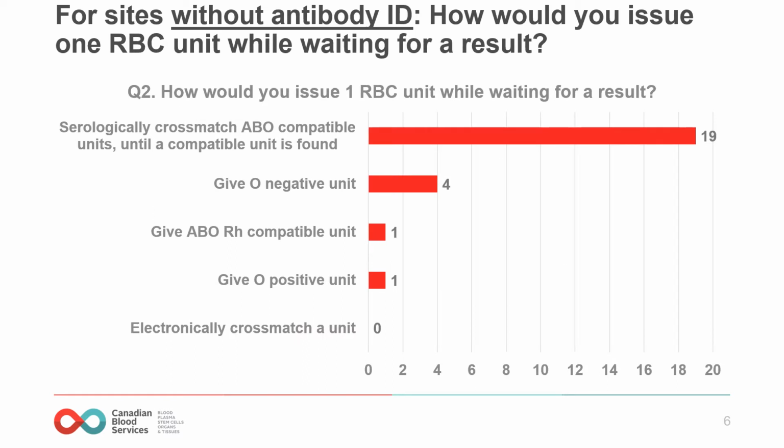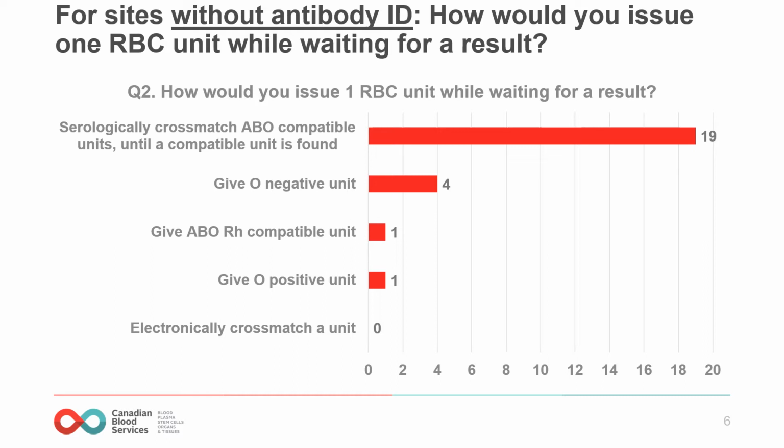For laboratories or sites that usually don't perform antibody investigation and refer their samples to a reference lab, we asked them what they would do while waiting for the results.